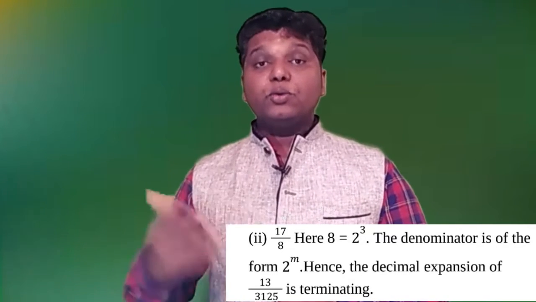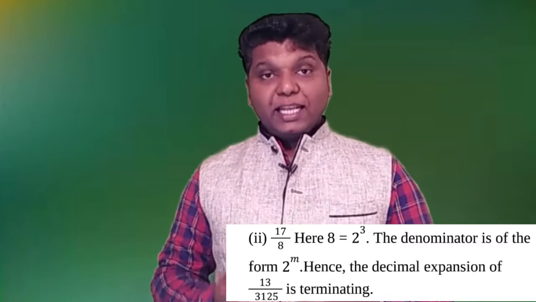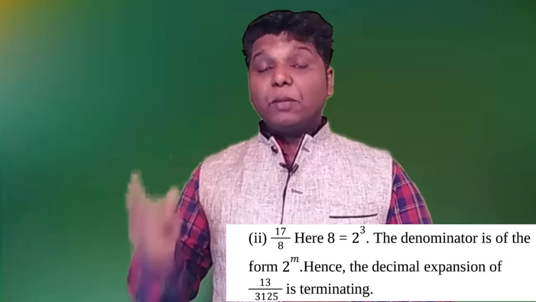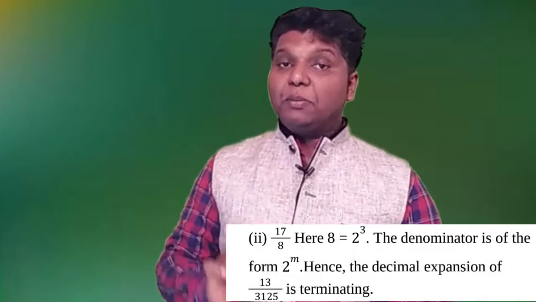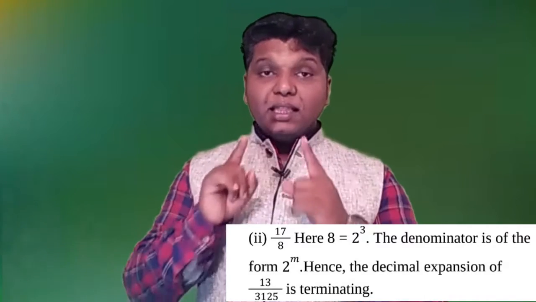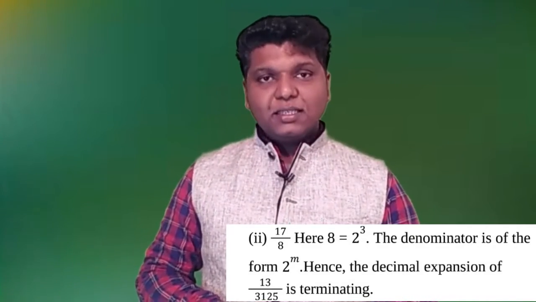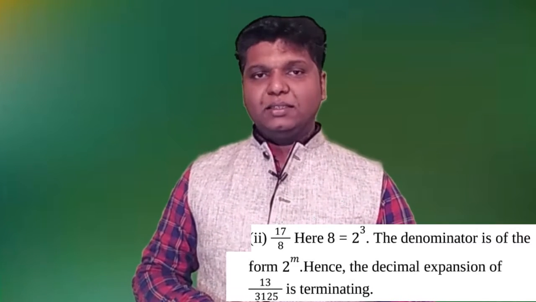So 2 cubed is 8. So here also you can express the denominator as a power of 2. That means the denominator can be expressed as 2 raised to m. Therefore, this rational number is a terminating decimal. It is going to terminate.